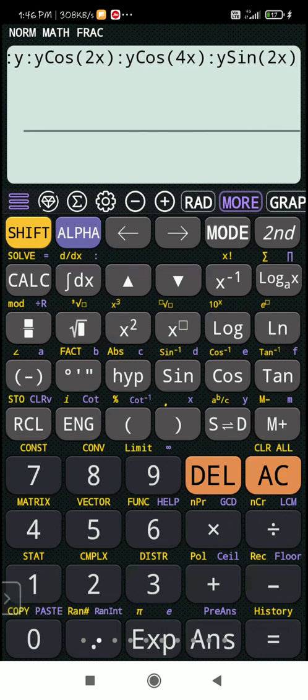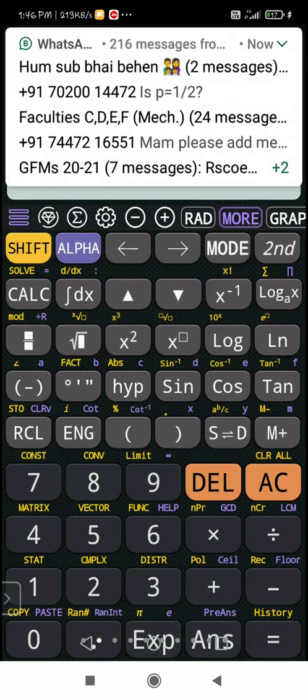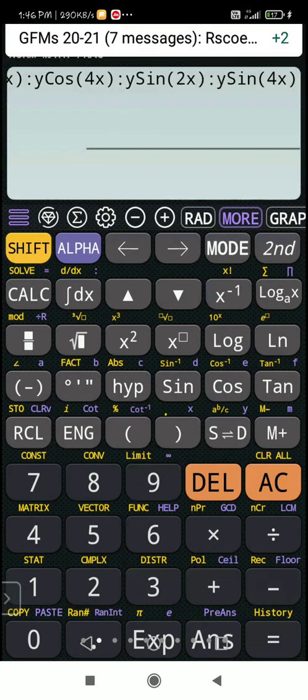Now again alpha colon alpha y, and then there is a sine, and then 4, and then alpha and x, and bracket complete. So I have entered all the values, all the table headings.